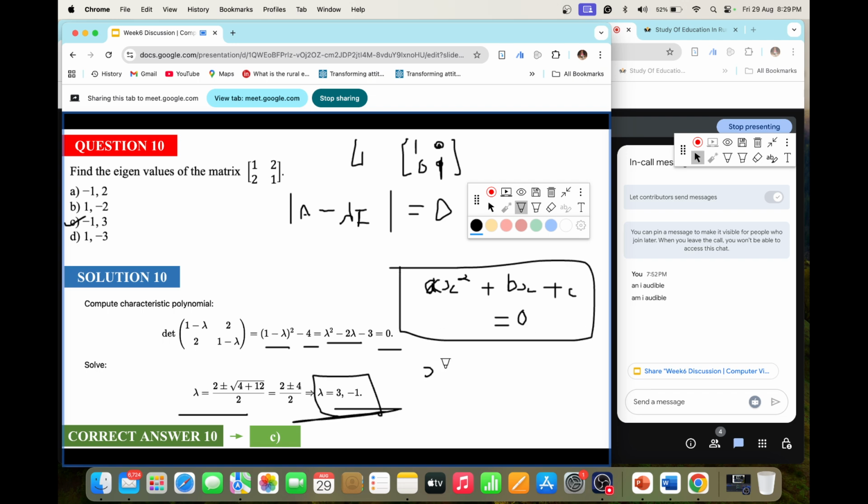The roots are given by x equals minus b plus or minus root over b square minus 4ac.